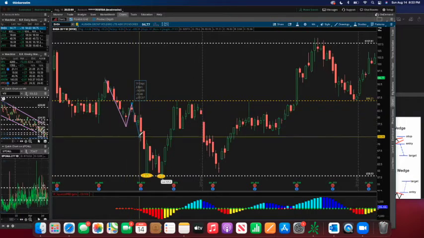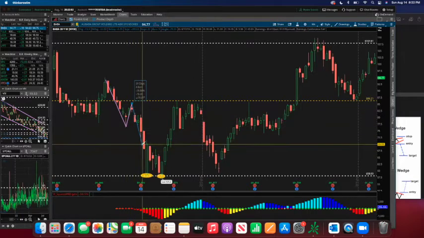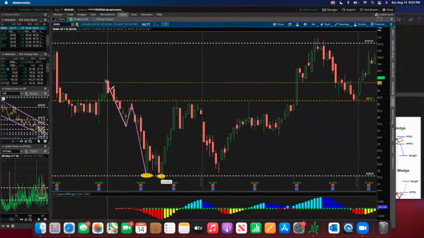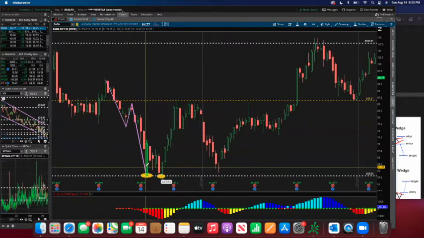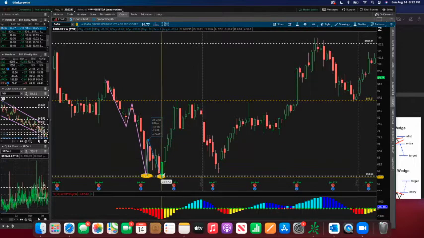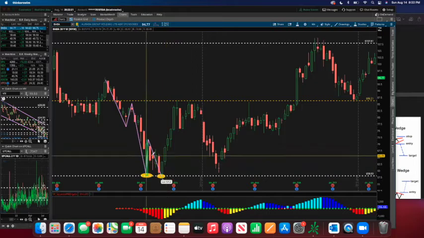I always say that wrong. My bad if you don't understand what I'm saying. But you can see this: it made a low, a lower high, made a new low, and then came up, made another lower high here, came back down and couldn't make a lower low. See that? Are you guys following me on this part?